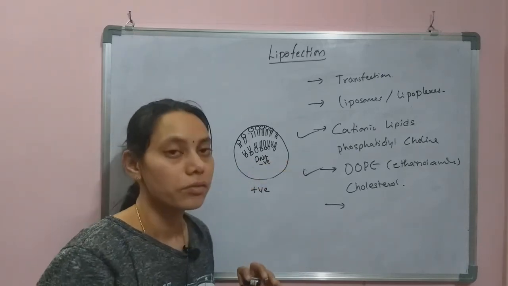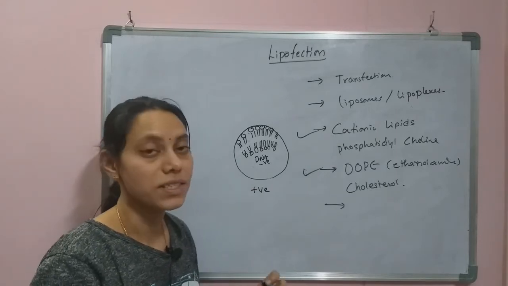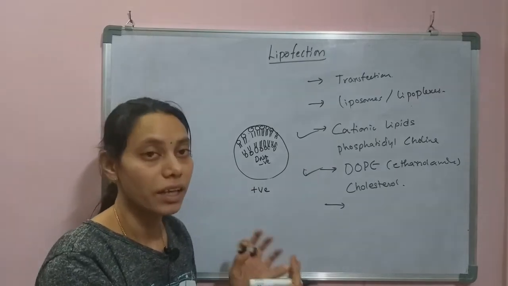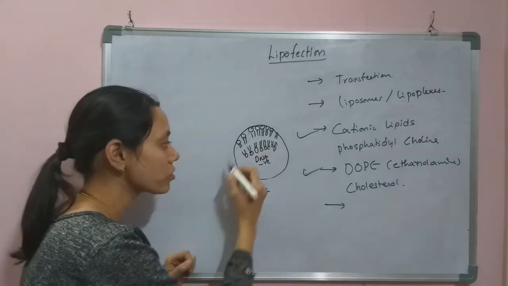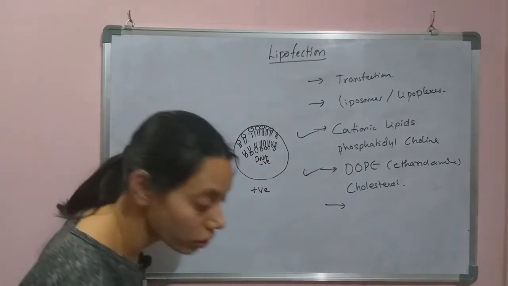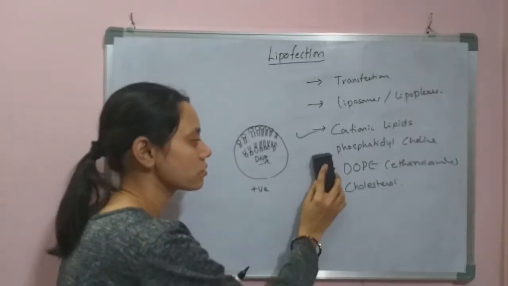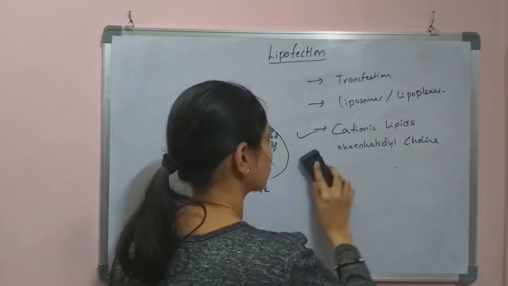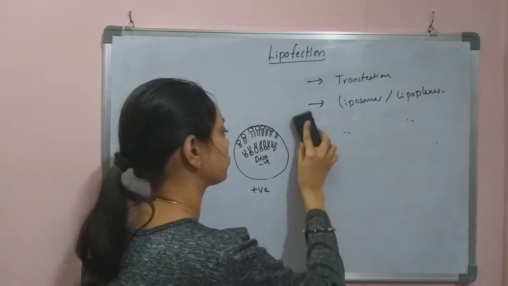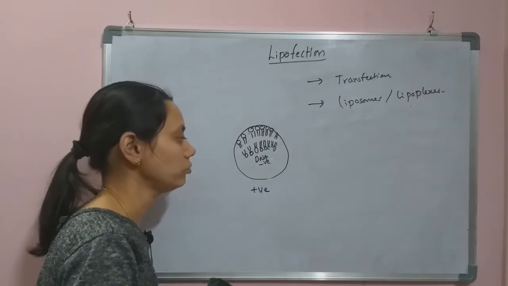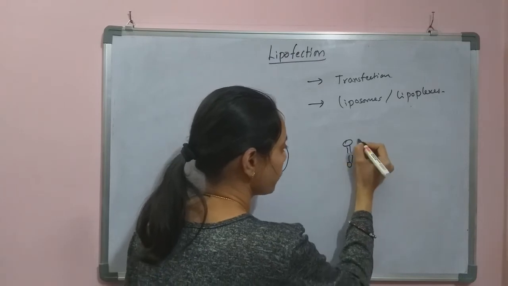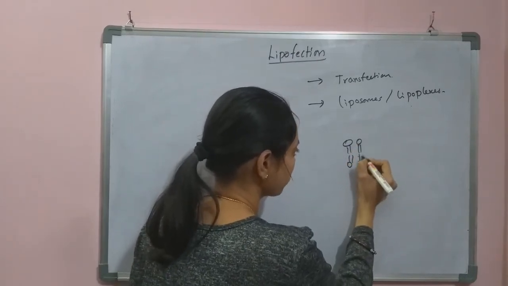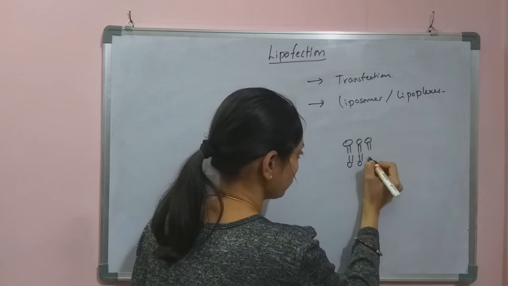Without any resistance they can easily deliver this DNA into the cell membrane, because the composition of the cell membrane is similar. The plasma membrane is also a bilayered structure.